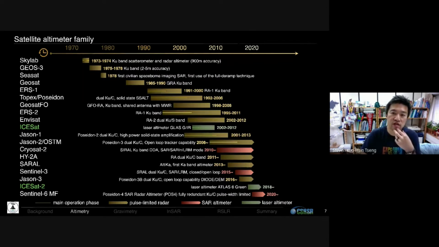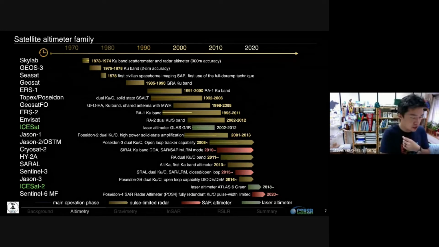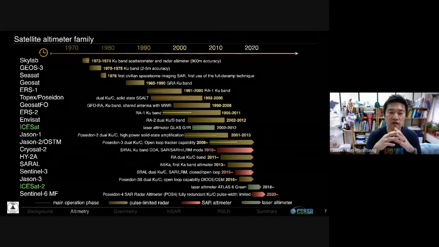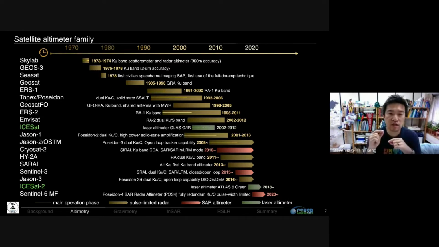The accuracy is just 900 meters. So basically, it's just a proof that we can use a radar signal to estimate the distance between the satellite and the bouncing target or the surface.